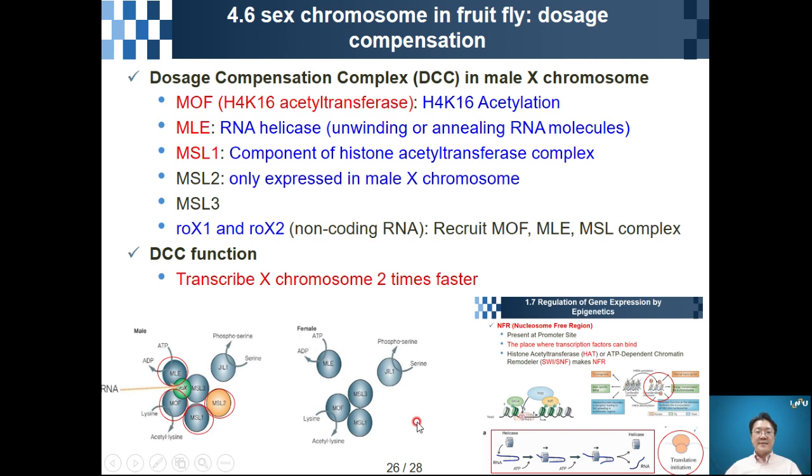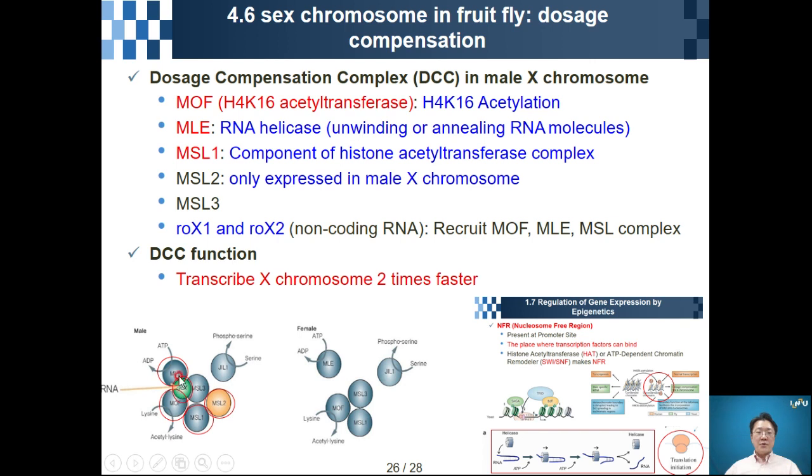The DCC complex also has MSL3. And also they have roX1 and roX2, which are non-coding RNAs. The roX1 and roX2 exist only in the male X chromosome, but the female X chromosome does not have the roX1 and roX2 non-coding RNA.